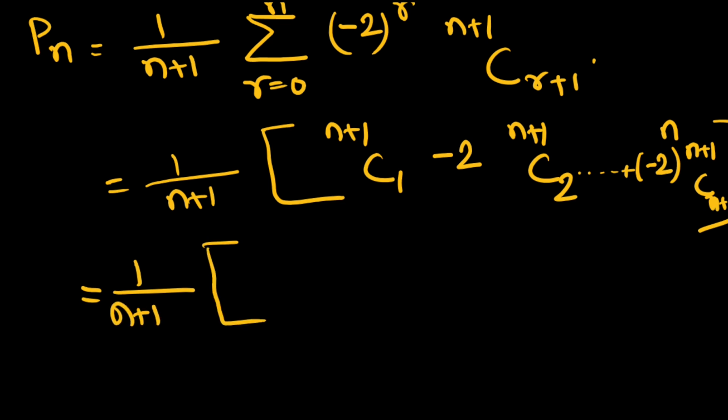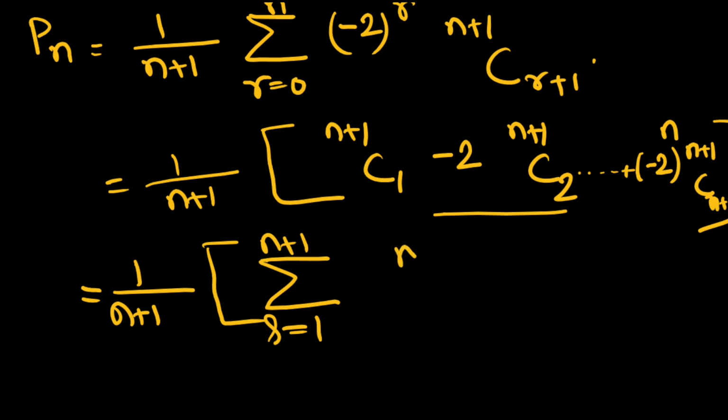Now we write this expression again in summation form and see how it changes. It runs from 1 to n plus 1, so we change the variable r to s. S is 1 to n plus 1, and the last term is n plus 1, so that is n plus 1 Cs, and the power involved goes from 1 up to minus 2 to the power n.